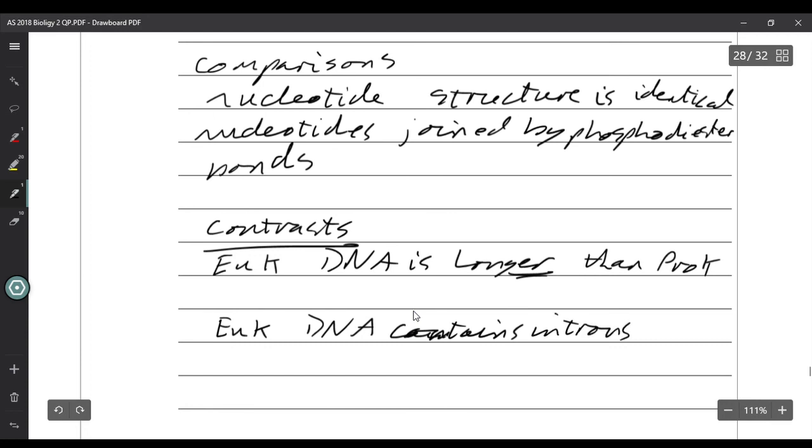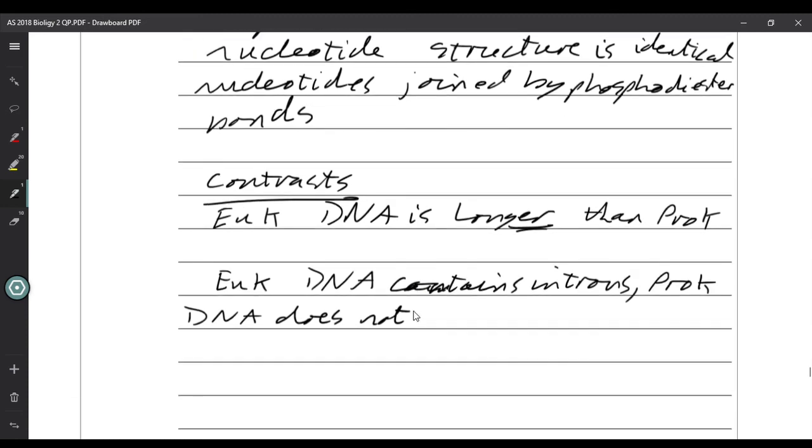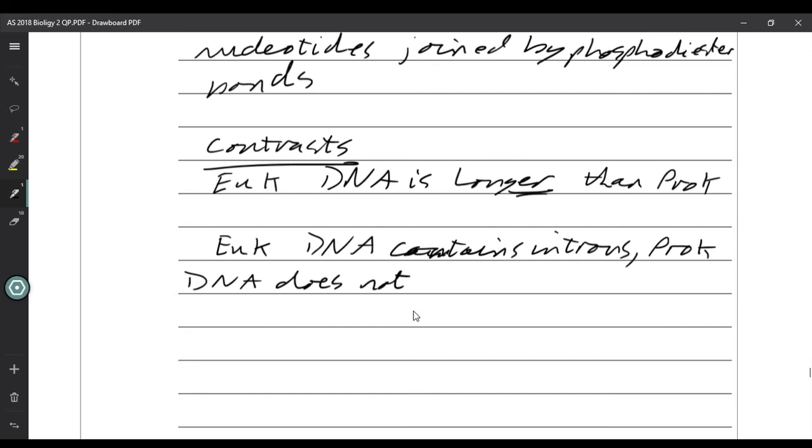Again, just by saying that, it's not enough. We have to compare it with the prokaryotic. So we've got to say that the prokaryotic DNA does not. Now, I know that it seems that by mentioning eukaryotic DNA contains introns, you're implying that prokaryotic DNA doesn't, but you have to state it in the answer.